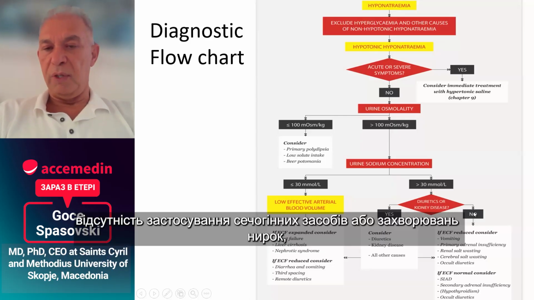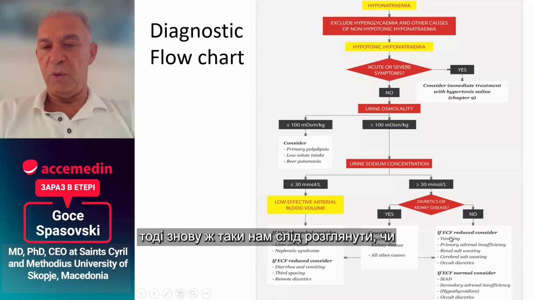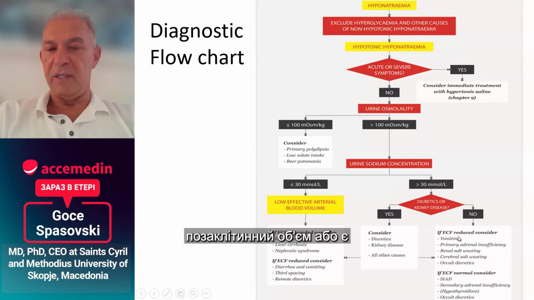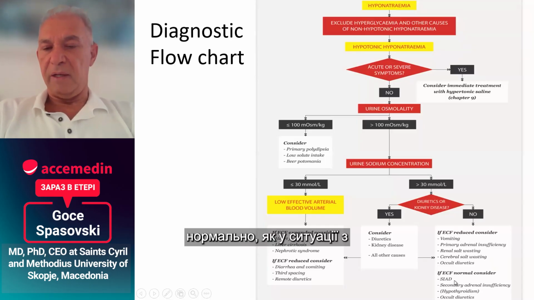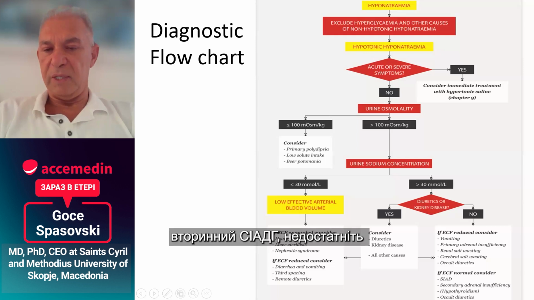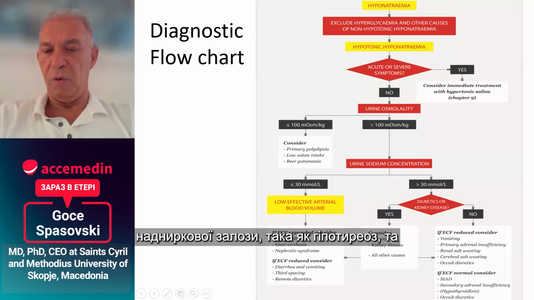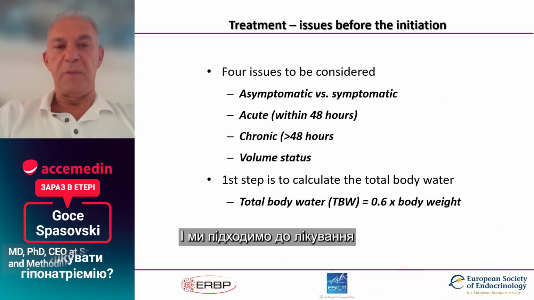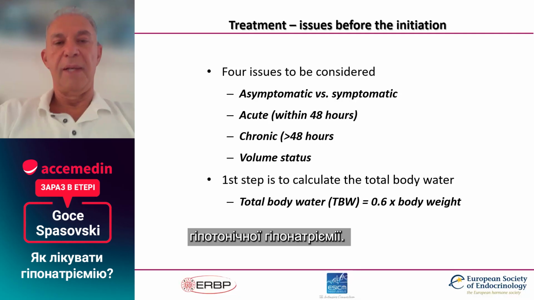And if there is no diuretic use or kidney disease, then again we should consider whether there is a reduced extracellular volume, or it is normal, like in a situation with SIADH, secondary adrenal insufficiency, hypothyroidism, and occult diuretic use. And we are coming to the treatment of hypotonic hyponatremia.